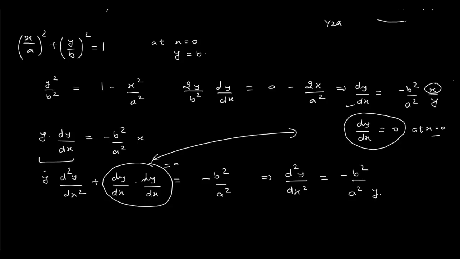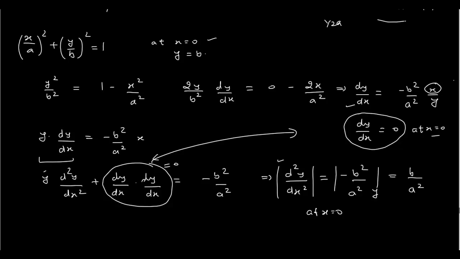Now at x equal to 0, we have to calculate the second derivative, and at x equal to 0, y is b. So at x equal to 0, we have b divided by a square, and as I have taken the modulus, it is b by a square.